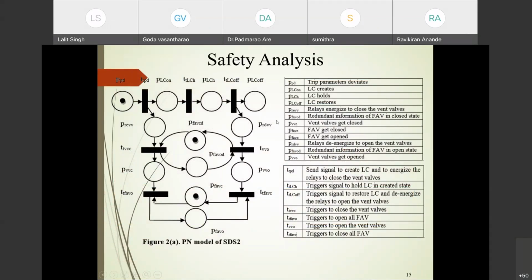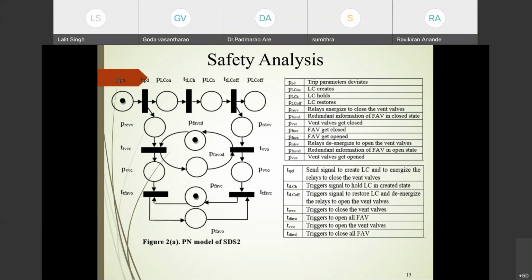Let us try to understand the model. Interestingly, because I have not assigned the weight of any arc, the weight of every arc is treated as 1.